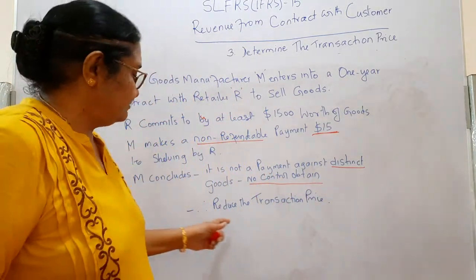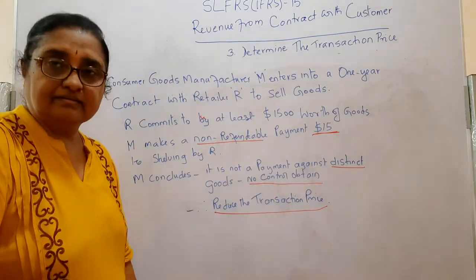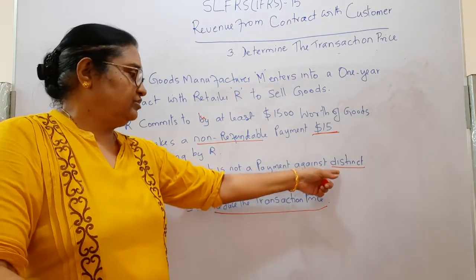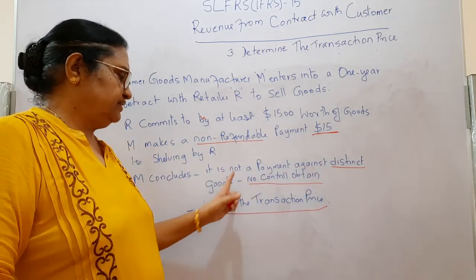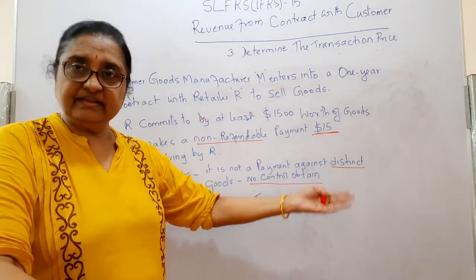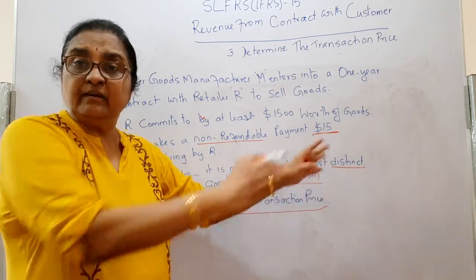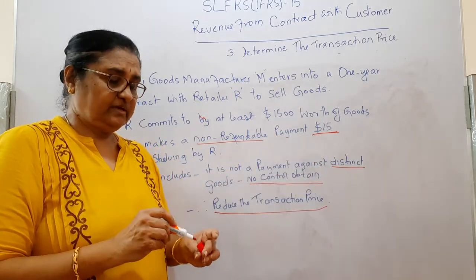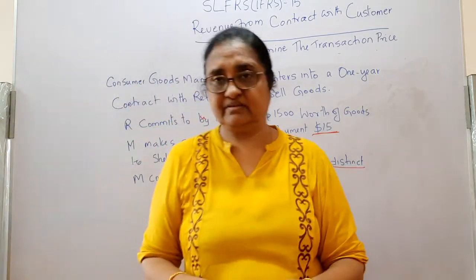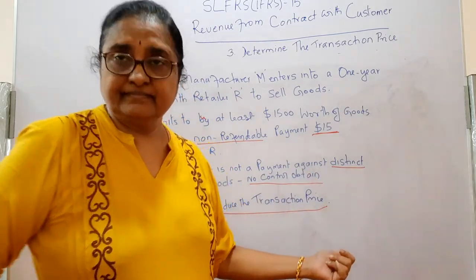I will treat it as a reduction in transaction price. This is how it happens. So it is not a payment against distinct goods or services because the shelves are R's own. He is only giving some help to improve the shelves to accommodate his goods. So he is treating it as a reduction in transaction price. That means a reduction in revenue.